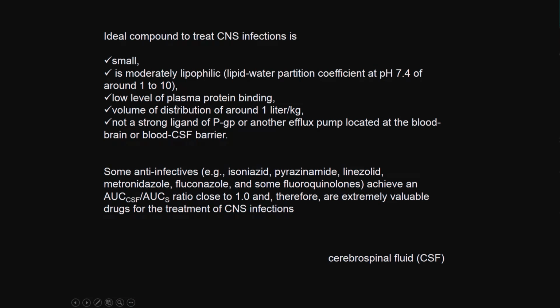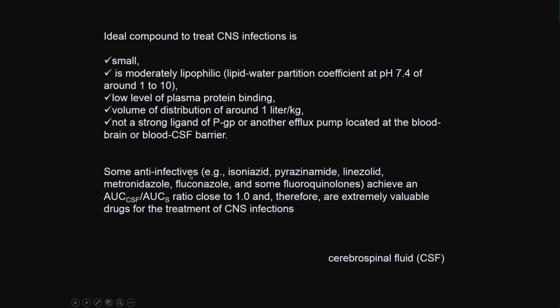We do not want it to be effluxed out from the BBB. The volume of distribution should be around 1 liter per kg, and it should not be a strong ligand of P-gp, you do not want it to get effluxed out. It should not be a ligand of any of these efflux pumps located at the blood brain or blood CSF, that is cerebrospinal fluid, barrier.